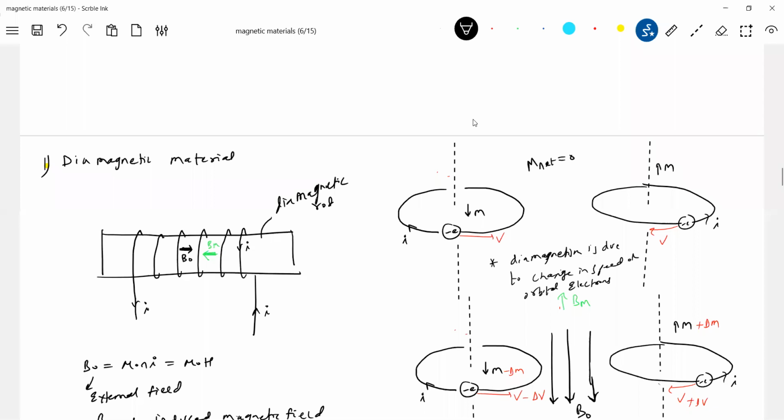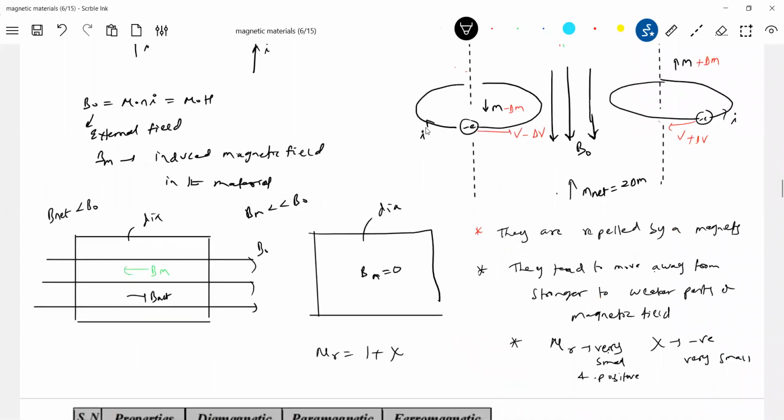What about the spin of electrons? Nothing; the spin will not do anything here. Electrons also have spin, but the spin does not contribute anything to this. Only the change in speed of orbital electrons contributes to that Bm. So diamagnetism is only due to orbital motion of electrons. That's a statement you have to remember. And they are repelled by magnets. They tend to move away from stronger to weaker parts of the magnetic field. Mu r is very small and positive. The susceptibility is negative and very small.